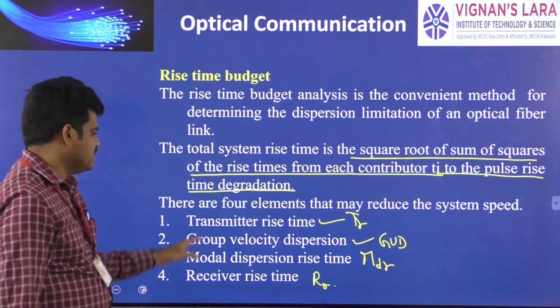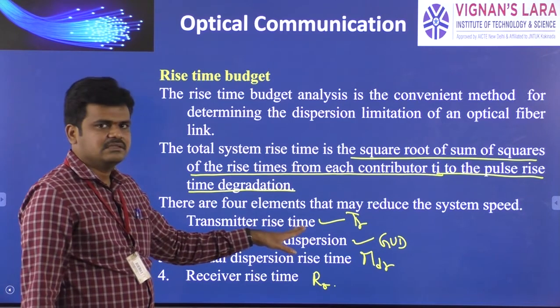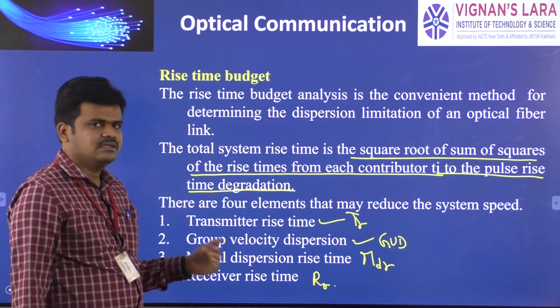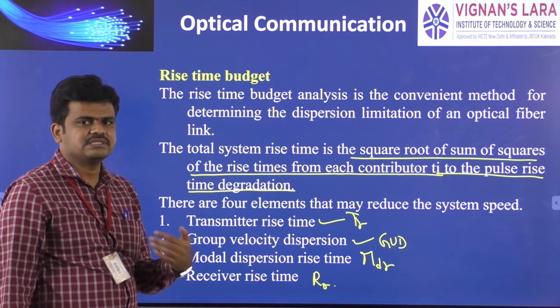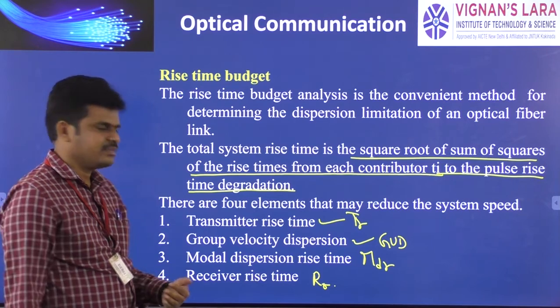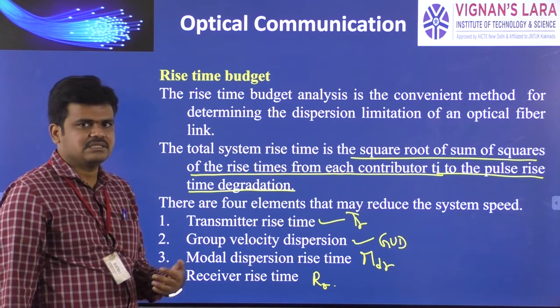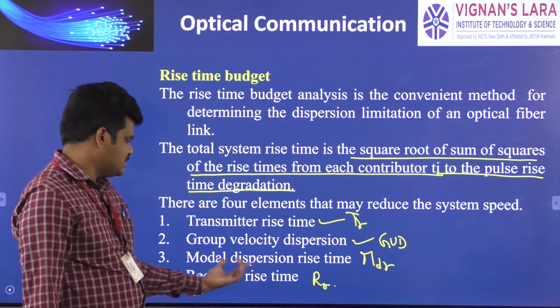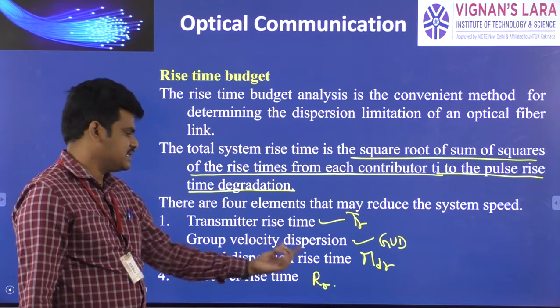So at the transmitter the delay is considered. The next one is group velocity dispersion, meaning the velocity with which the modes are traveling inside the optical fiber. The variation in the velocity with which the modes are traveling in the optical fiber is also considered modal dispersion rise time.